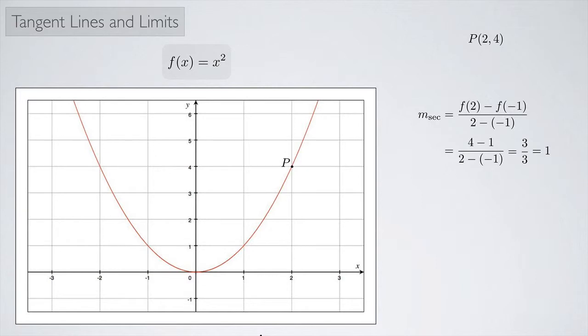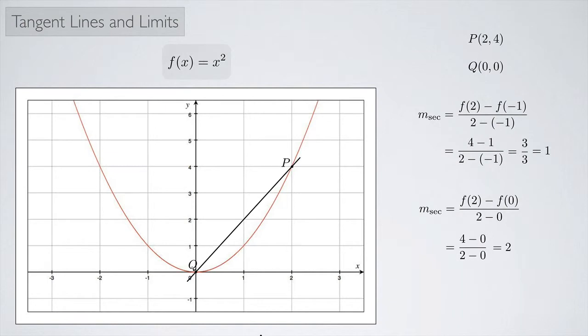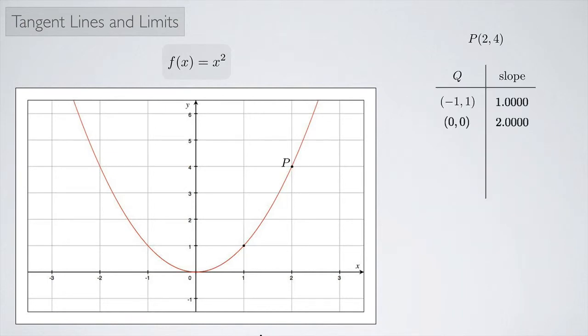And then I would take another point, say this point down here, and we'll call this point Q now, which has coordinates of 0, 0. And I would do this over again. I would take the secant line, I would find the slope of the secant line, I would get a number, and then eventually, as I kept taking points closer and closer to point P, I would start to get a slope that approaches a certain number.